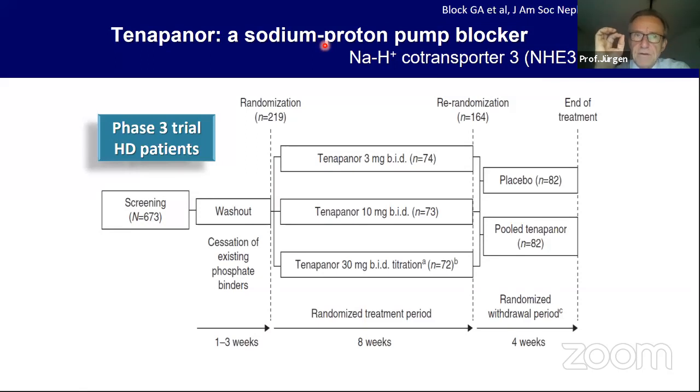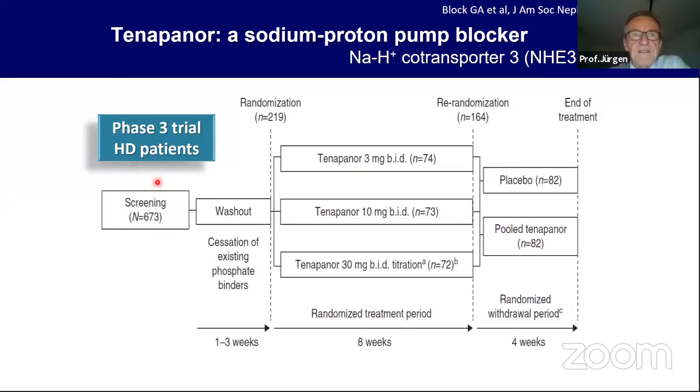So this is important to stress. In the case of tenapanol, it's almost impossible to separate the excretion of sodium, and that inevitably means inducing diarrhea, from the excretion of phosphate.